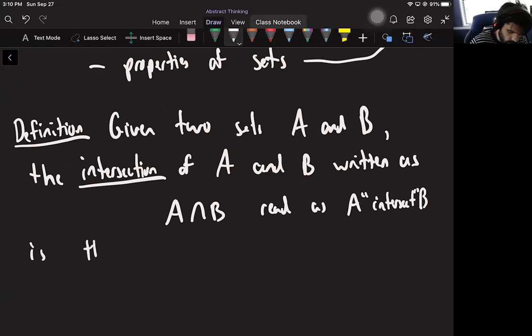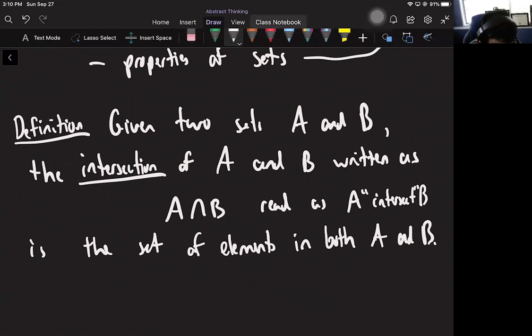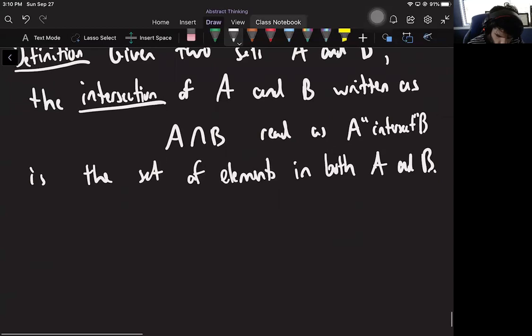is the set of elements that are in both, that are in common to both sets. So they're in both A and B. So then, to be super precise, I'm going to write this in a very mathy way.